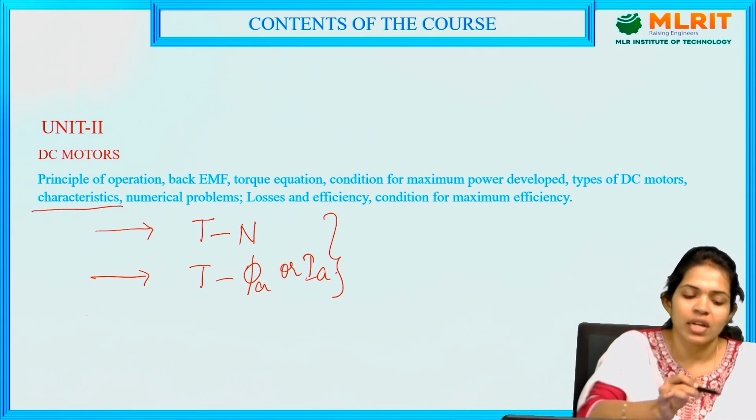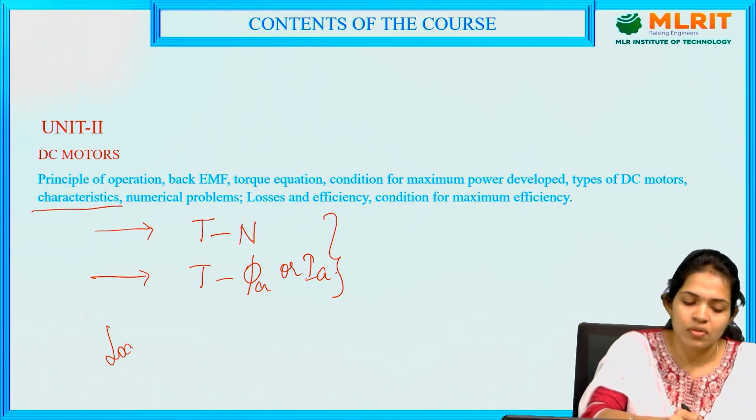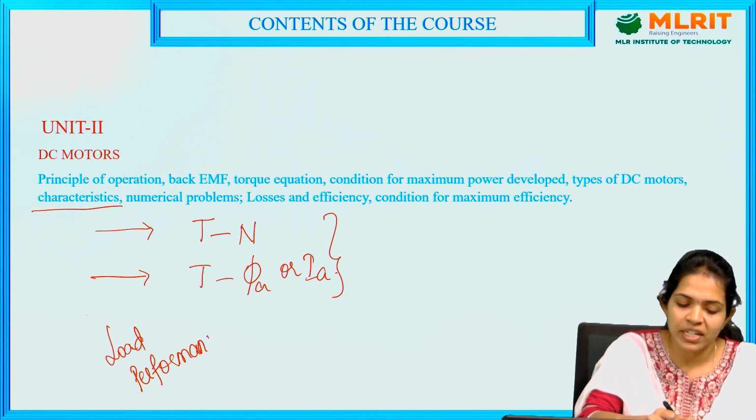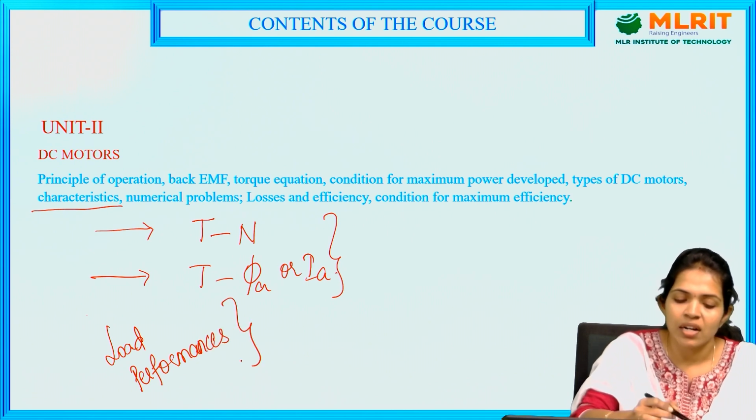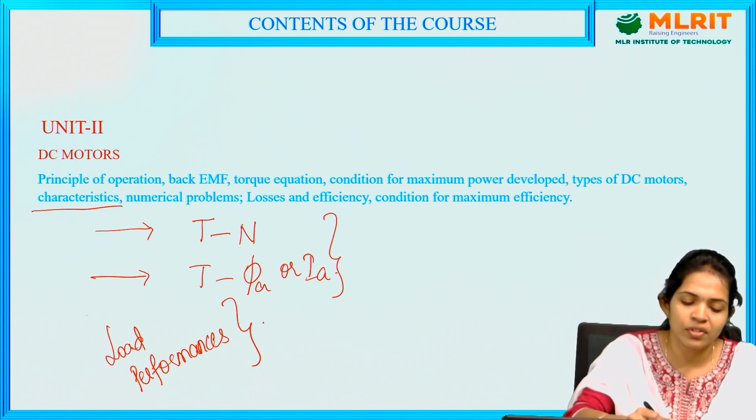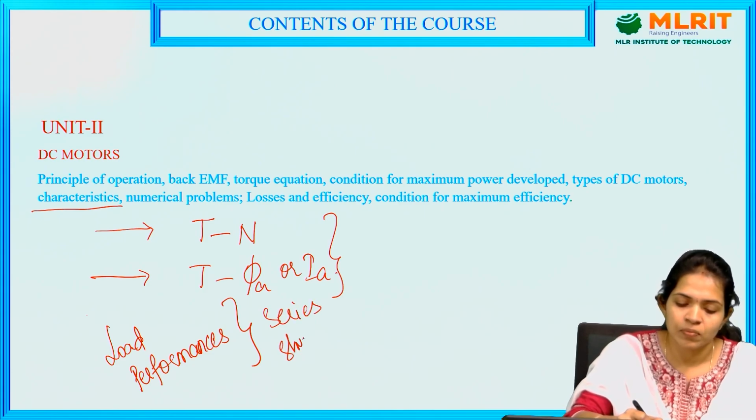These characteristics can also be called load characteristics or performance characteristics. So these characteristics will be studied for all the types of motors under the classification, that is, for series, shunt, and compound machines.